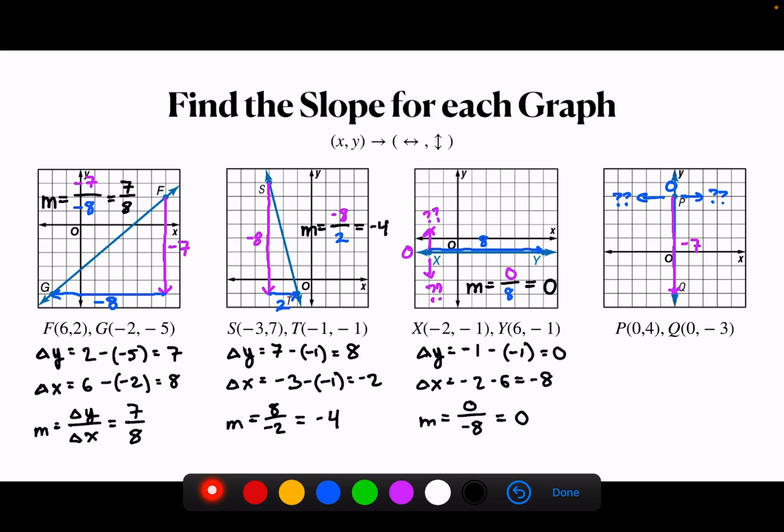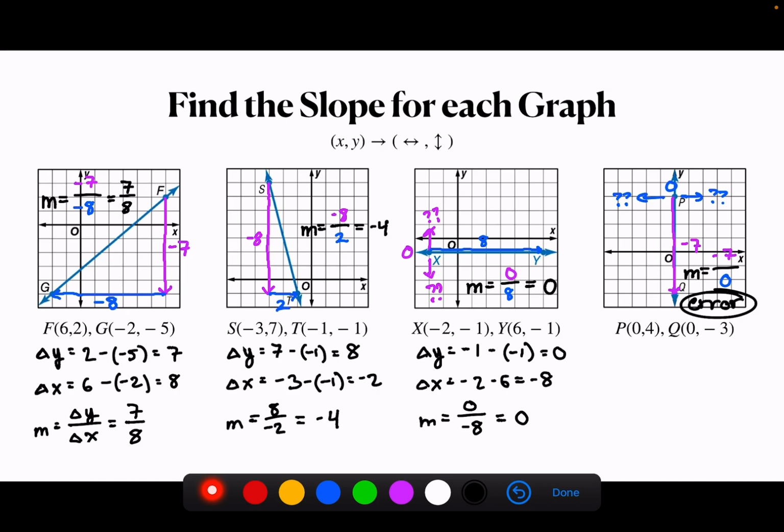So how does this look? Well, now our slope is going to be -7 divided by 0. And if we plug this into our calculator, it's an error. We cannot divide anything by nothing.